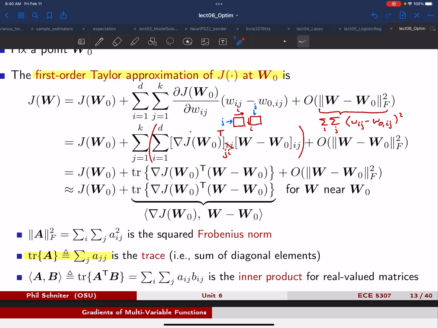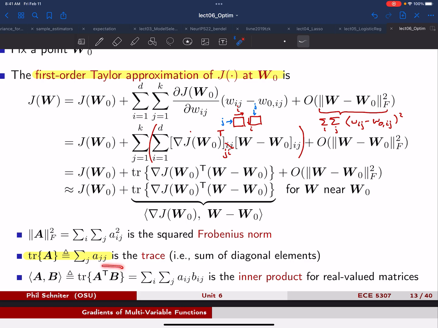The very last thing is to note that this trace of one matrix transposed times another is actually the inner product for real valued matrices. The inner product is a way that we can measure something like the angle between things. If you ask how do I measure the angle between matrices, the inner product is what you want to use. And the question is, how do you define the inner product for matrices?